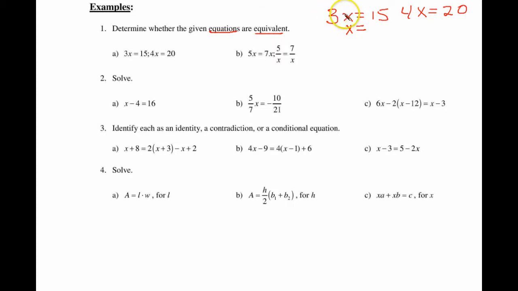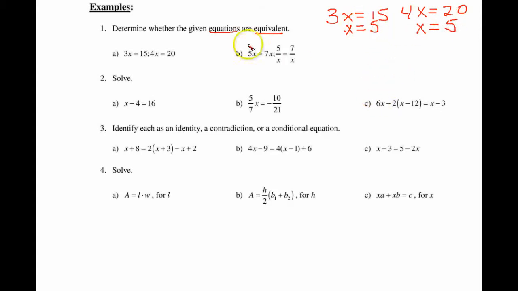In order to get that x by itself, I had to divide this by 3, divide this by 3, and this gave me a 5. So here x is 5. How about here? What will x be here? If we divide this by 4 and this by 4, x is 5.